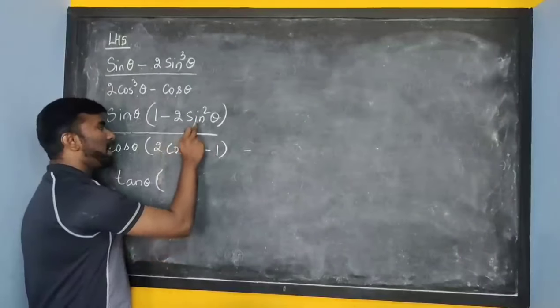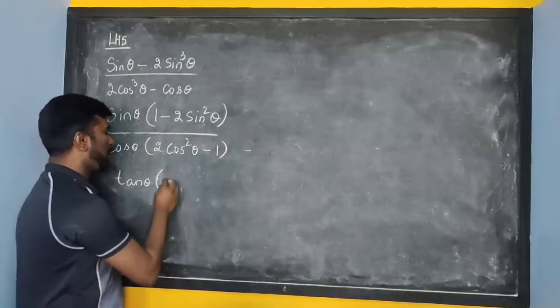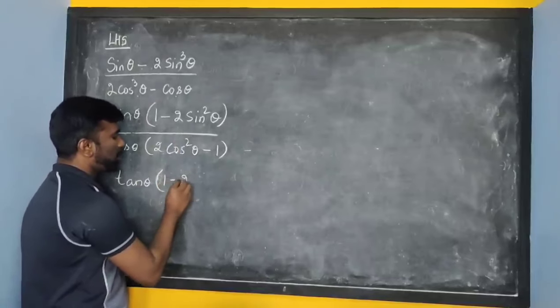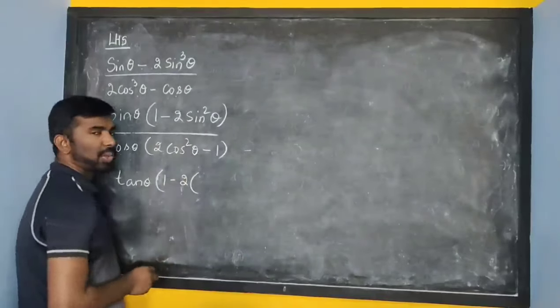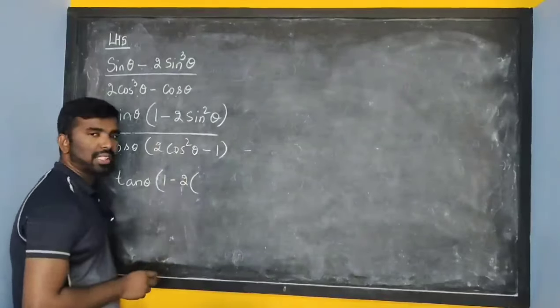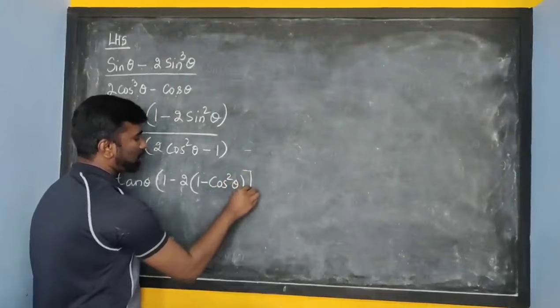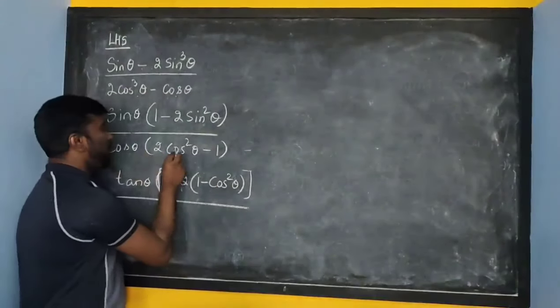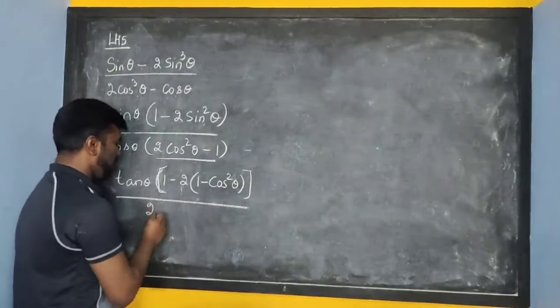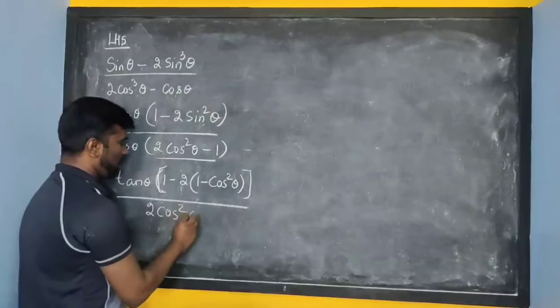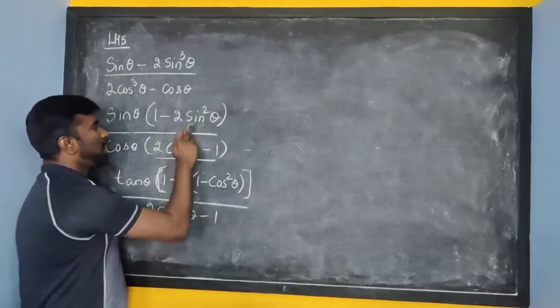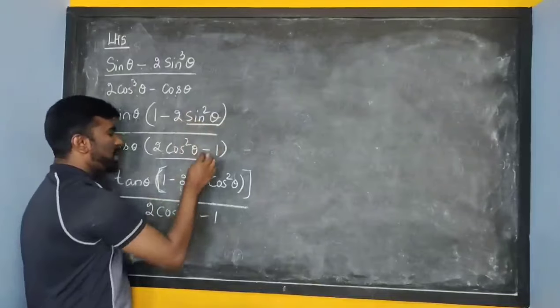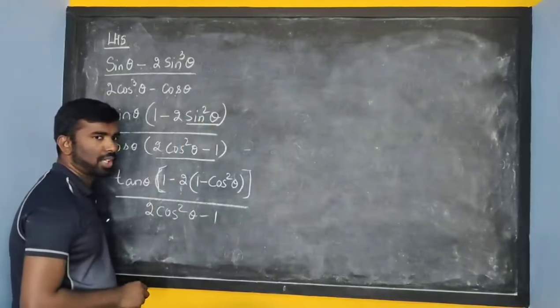I'll replace in the numerator sin square theta as 1 minus cos square theta using identity 1. The denominator should be written as it is without any change, 2 cos square theta minus 1.